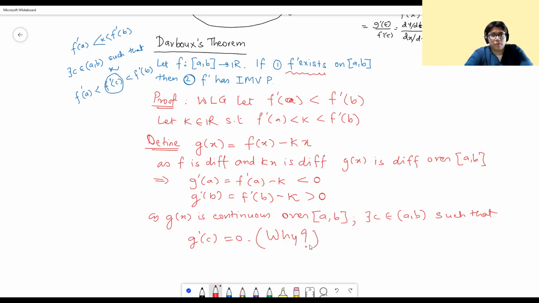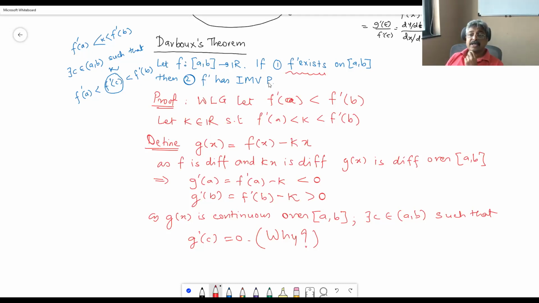Because f dash has IMVP. That is what we have to prove, f dash has IMVP.